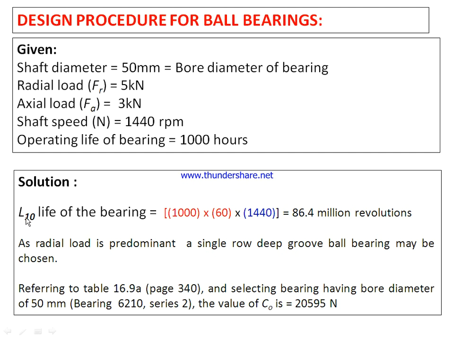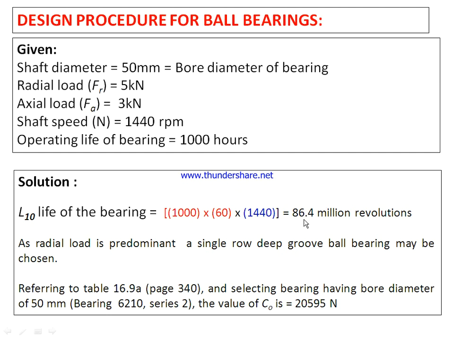Now let us calculate first the L10 life of the bearing, which is the total number of hours of operation, that is 1000 hours multiplied by 60, which gives you total life in minutes. 1000 into 60 minutes is the operating life of the bearing, multiplied by the speed n, 1440, will give you total number of revolutions in millions.